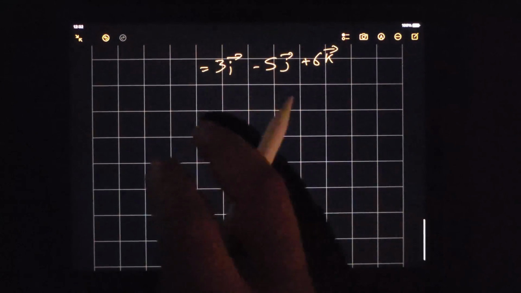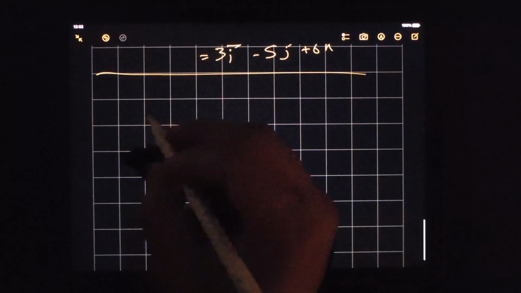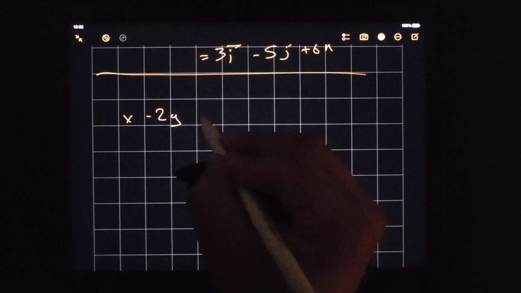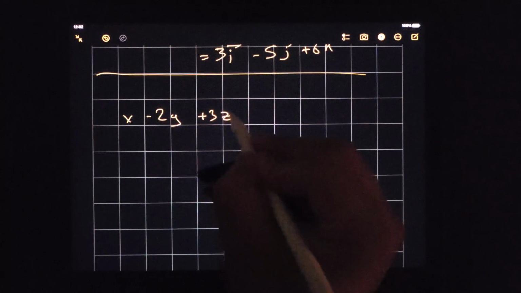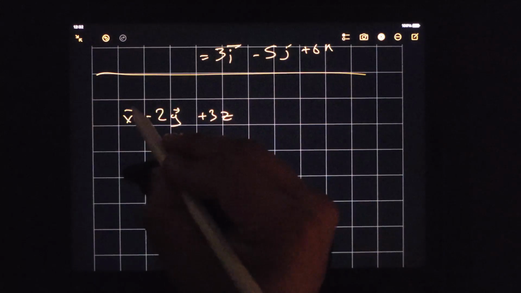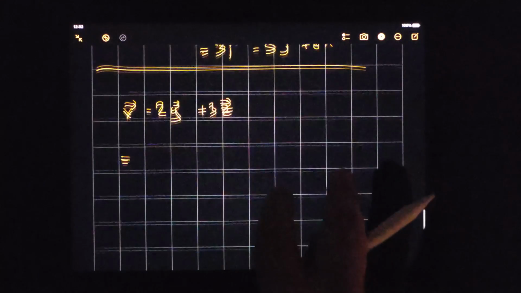Now we can do one that's a bit more complex. Let's try x minus 2y plus 3z. So this is going to be a long one.